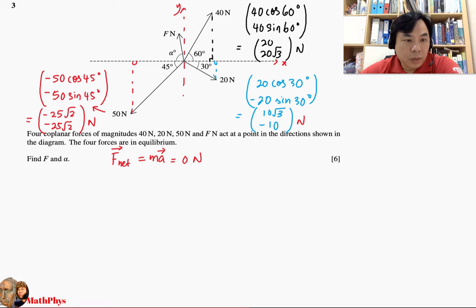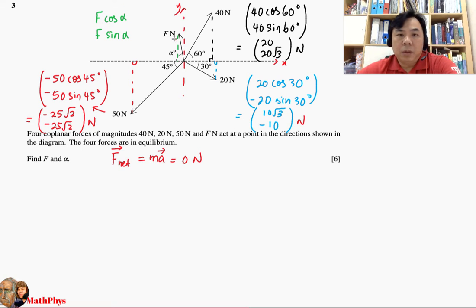And then for the last one, we can also represent the unknown force in its vector form. This is much easier because no calculation is needed here. So we can just write down F cos alpha, and then F sine alpha here.